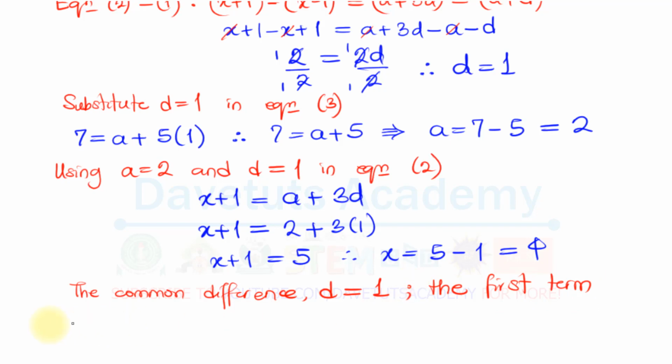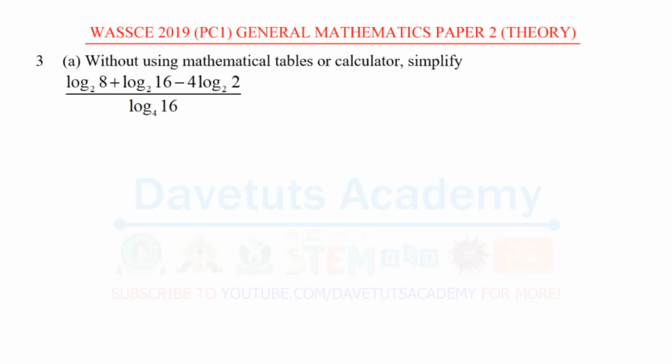The first term a is equal to 2 and the value of x is equal to 4. And with this, we have answered this particular question correctly as requested.